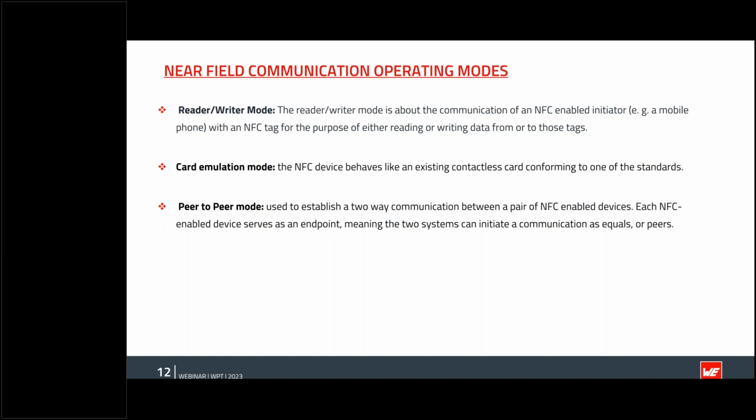In the read or write mode, the NFC-enabled initiator, like your mobile phone or the card reader, will just read or write information from the tag. In the card emulation mode, the NFC device behaves like a contactless card using one of the standards of NFC. And in the peer-to-peer mode, we can establish two-way communication where both NFC-enabled devices are communicating with each other, so there is bidirectional transfer of data between the two.